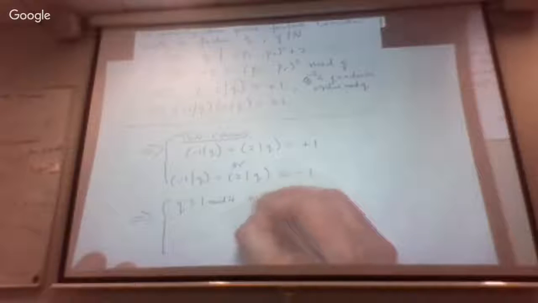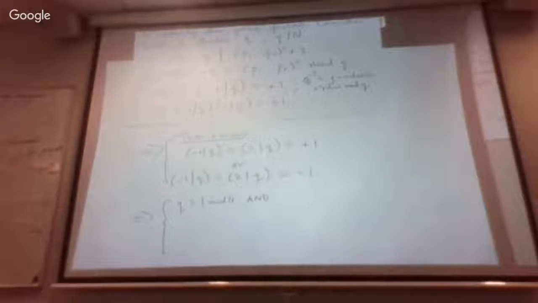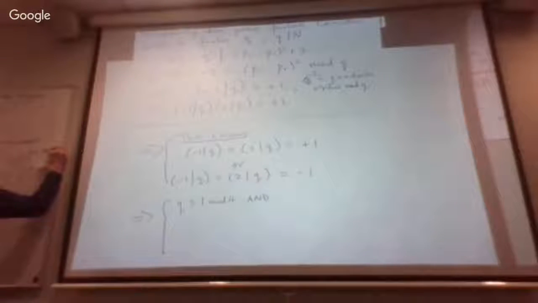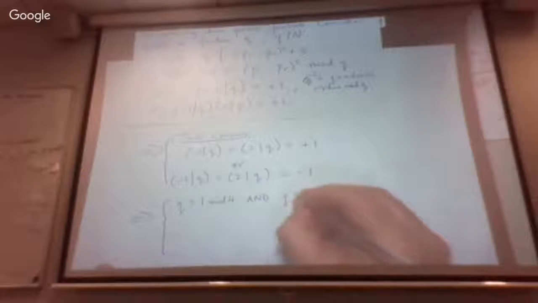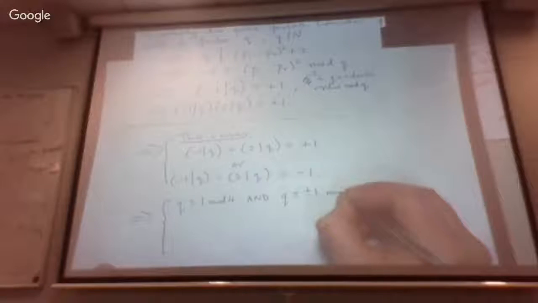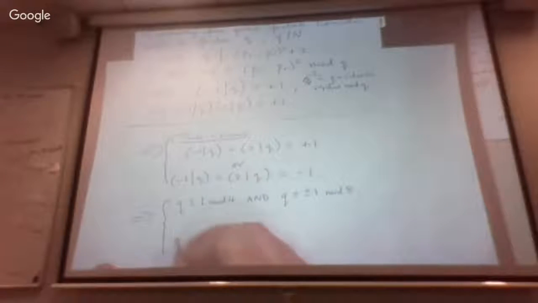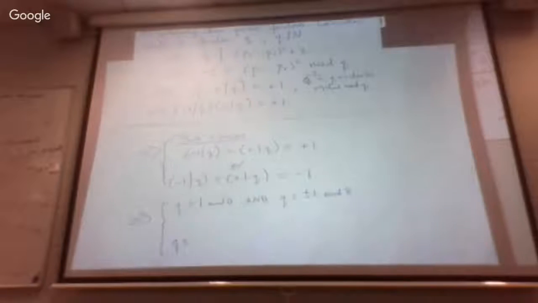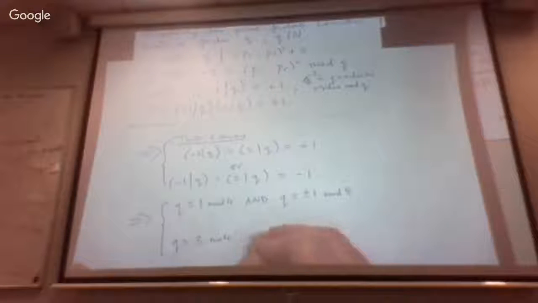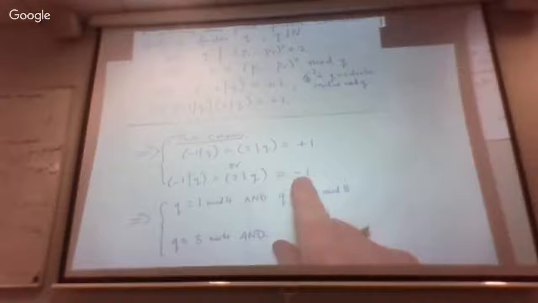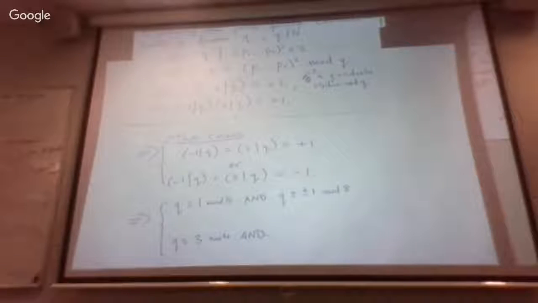And the second, when is the Legendre symbol of 2 mod q equal to plus 1? It will be equal to plus 1 when q is plus or minus 1 modulo 8. And the second line happens, so minus 1 is minus 1 when q is 3 mod 4. And 2 is minus 1 when q is plus or minus 3 mod 8.